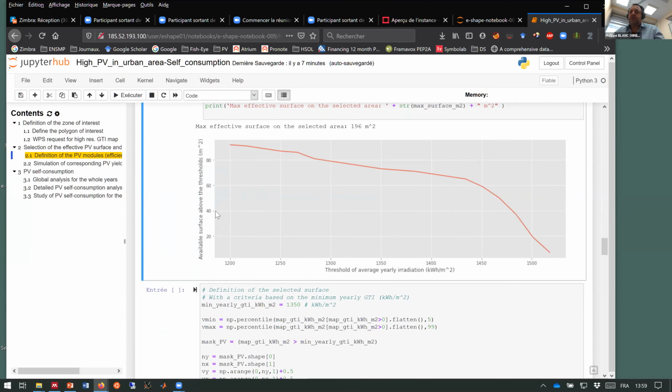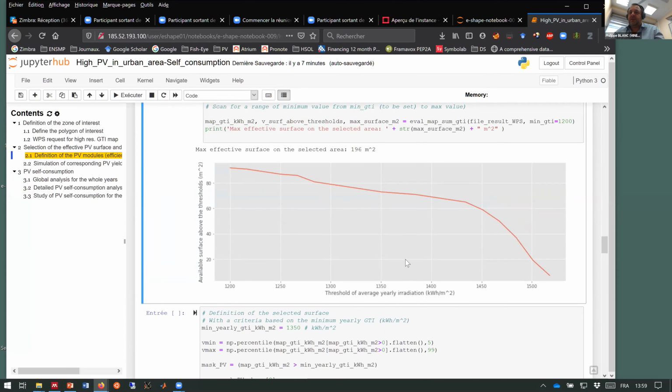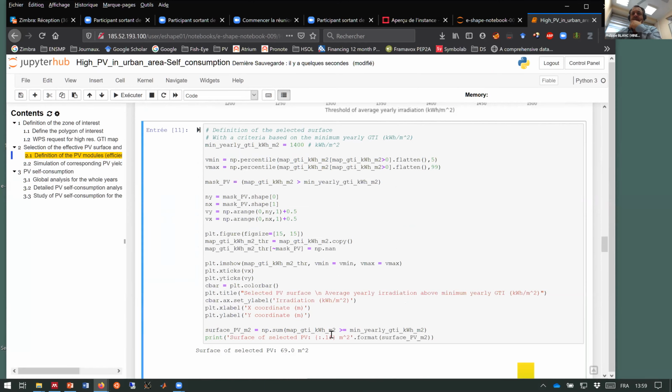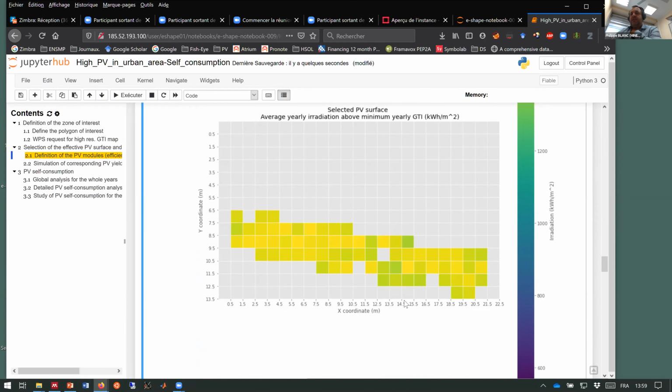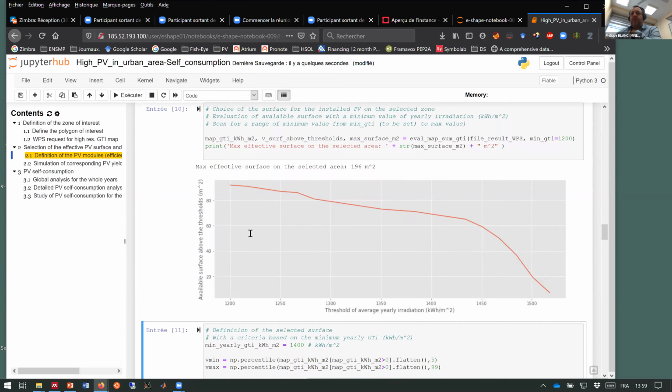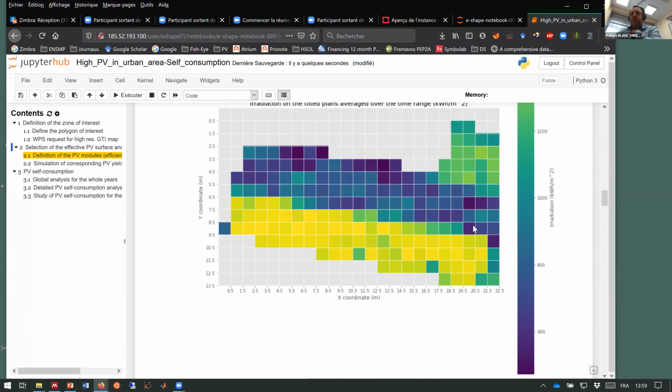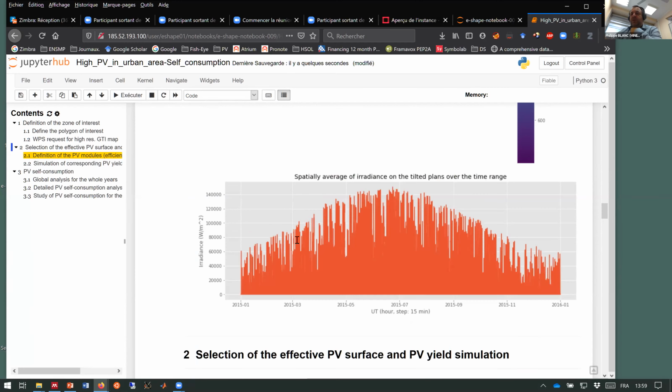So I can select 1,400 as a threshold, and I can run the computation. And it says that my surface selected is 69 square meter. It corresponds to this area here, compared to this one, which is the whole data set in the polygon.